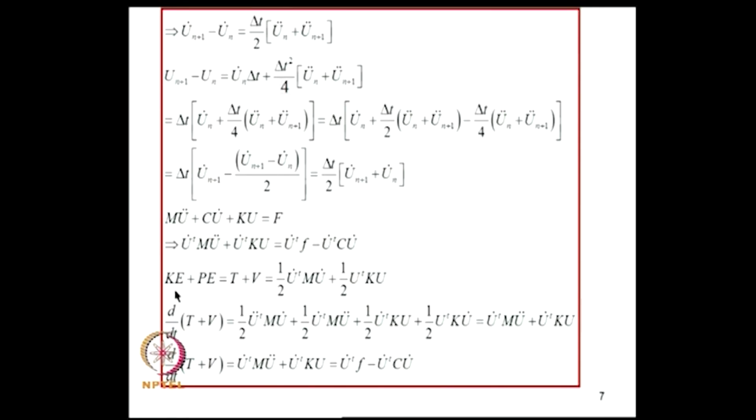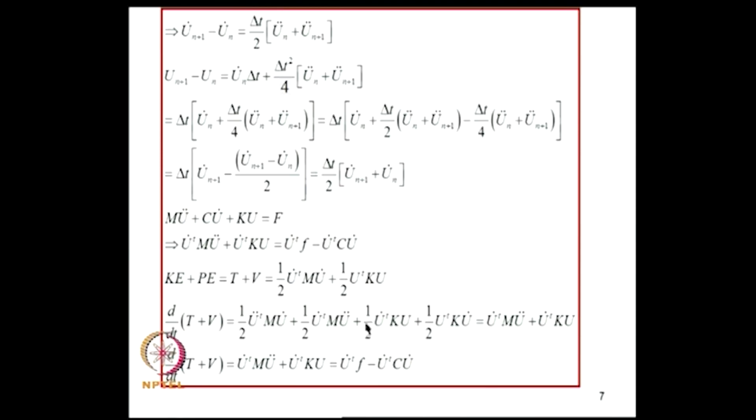Now, the sum of kinetic energy and potential energy we will consider to be T plus V, where T is half u dot transpose M u dot and V is half u transpose K u, as we have seen. Now, the time variation of the total energy, that is d by dt of T plus V, we can differentiate. So, we will get u double dot transpose M u dot plus half u dot transpose M u double dot, and similarly the other two terms.